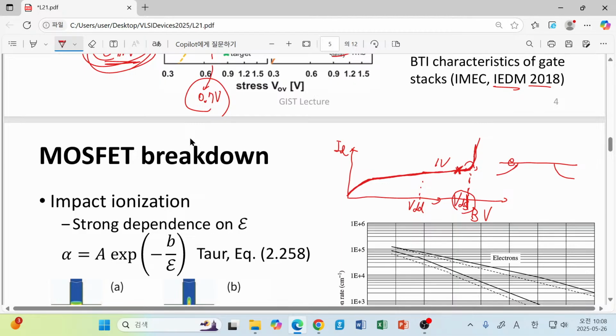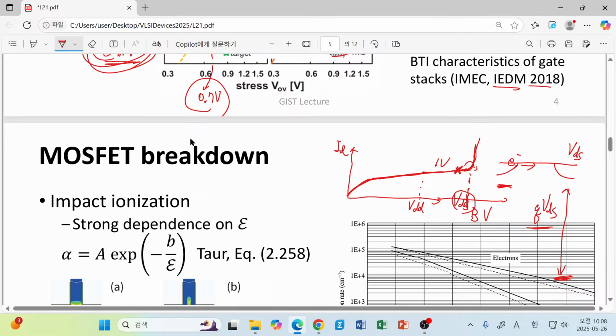Now electrons are moving, and when we apply too high VDS, the energy difference between the source side and drain side corresponds directly to q times VDS, and now this energy level is so high.